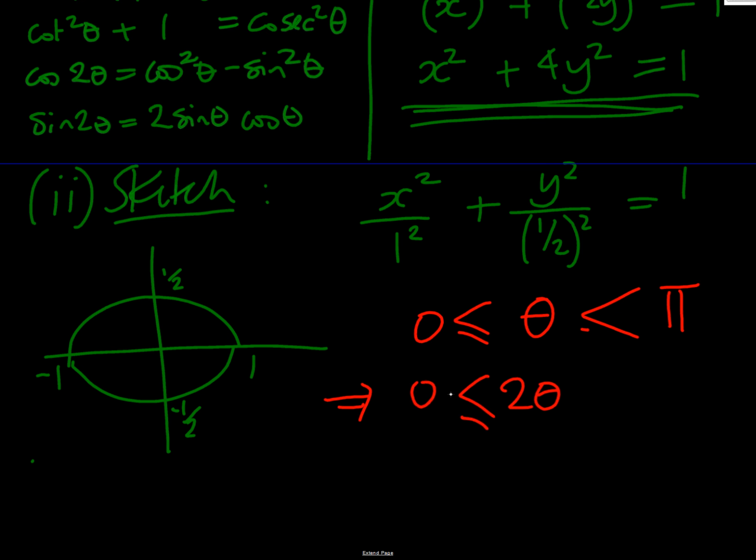So 2 theta is between 0 and 2 pi, and therefore because we're using sine and cos here, we can see we're going to go the full curve, the full range of our ellipse is going to be included here. So tick, that's our first answer. We could use a calculator here, or through sketching, or create a table of values as well.